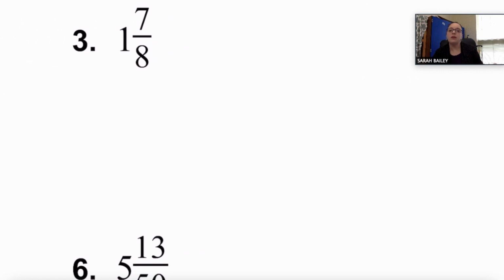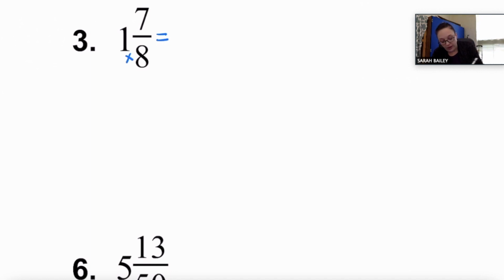Now this time we have a mixed number, 1 7/8. So for this one, you can't just jump to the division. So 7/8 does mean 7 divided by 8. I would recommend, just to keep things simple, let's start off by rewriting this as an improper fraction. So to do that, remember you take your denominator, in this case 8, multiply by the whole number.